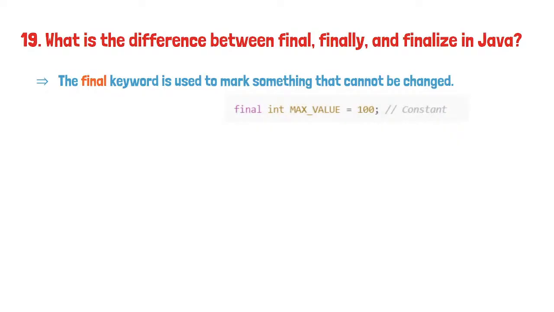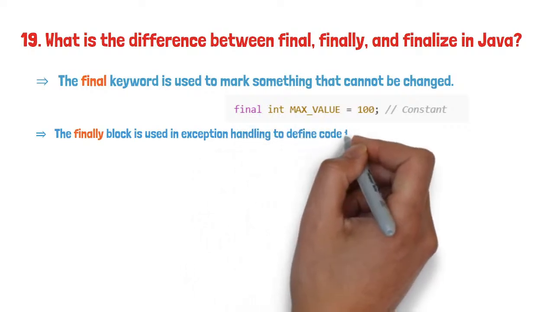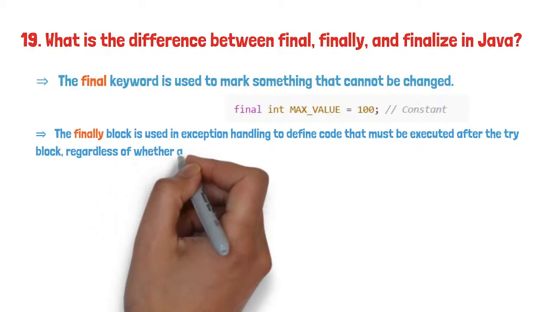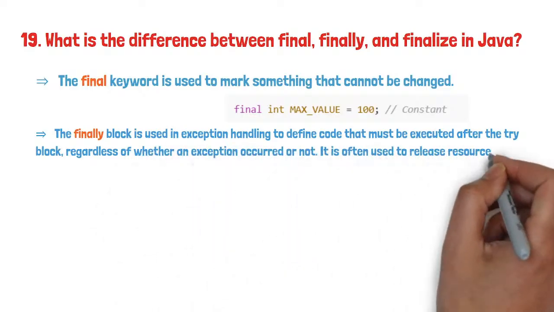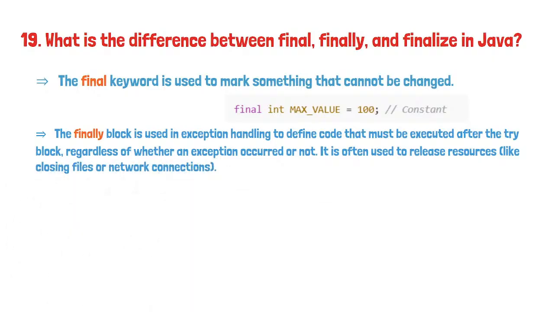And finally is a block used for exception handling to define the code that must be executed after the try block, regardless of whether an exception occurred or not. It is often used to release resources like closing files or network connections. The code you have written in the finally block will always execute, for cleanup action or resource release.